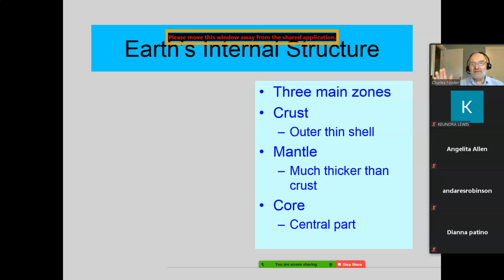All right, so let's look at Earth's internal structure. Three main zones, okay? The very, very outer bit is a thin, thin outer shell, called the crust. Everything you see, and basically just about everything we've ever entered, has been the crust. Even the deep mining that has been done, we've stayed within the crust.